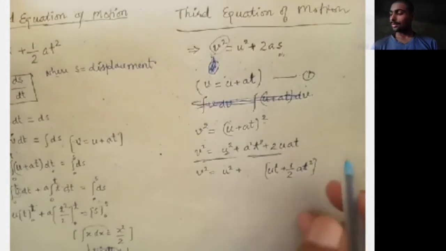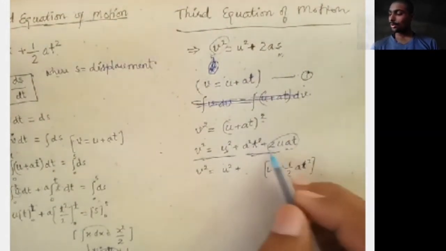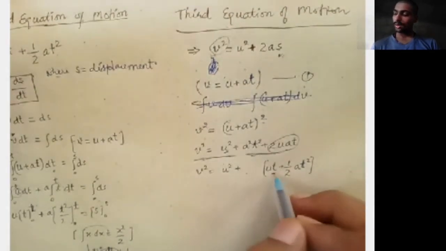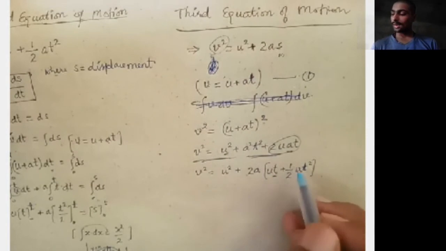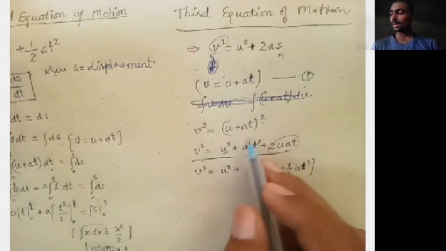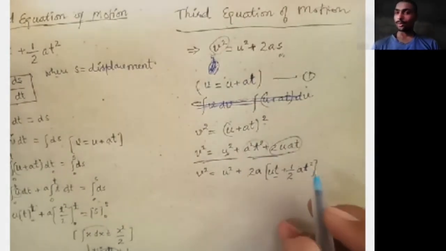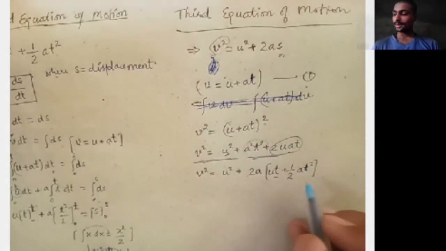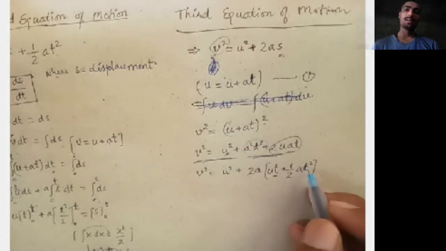And now it was needed that 2uat, here is ut. So what is remaining here? 2a. Now we can check whether it is right or not. Do we get the a square t square term or not? So just multiply, you will get that 2 is cancelled out with 2, and a, that is a square and t square.